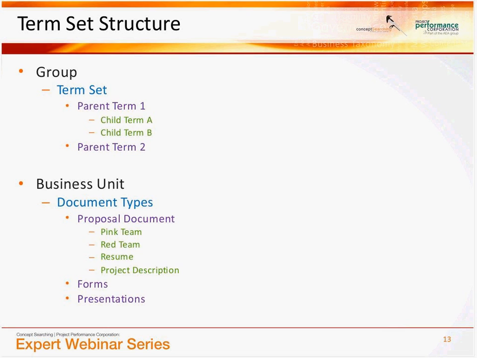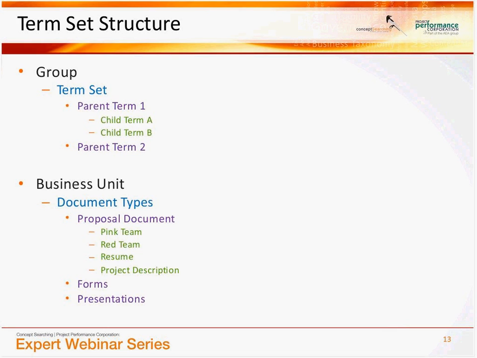Now we get into the term set structure. There are a couple of things to think about here. One is organization: how people are going to be managing these different term sets within the term store, as well as how you build your term set within the term store. What's the ideal structure, if you will?